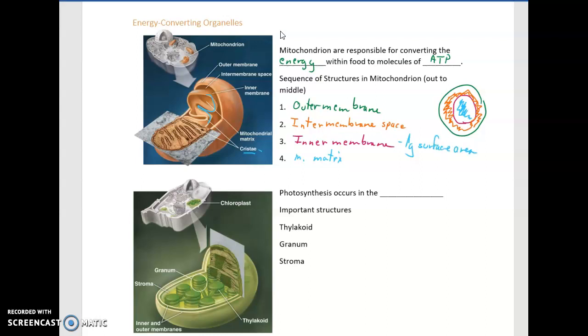When we talk about how mitochondria work, we'll see that having it divided into two different spaces and having that inner membrane with large surface area is going to be important to its function of making energy.